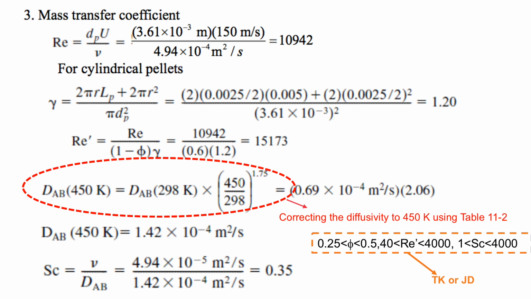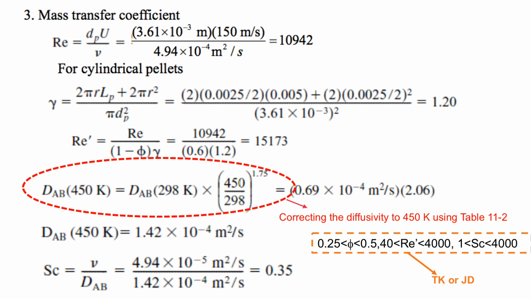Once you get the DAB, you can calculate Schmidt. So that is how to solve for Reynolds number, gamma, Reynolds number prime, and Schmidt.